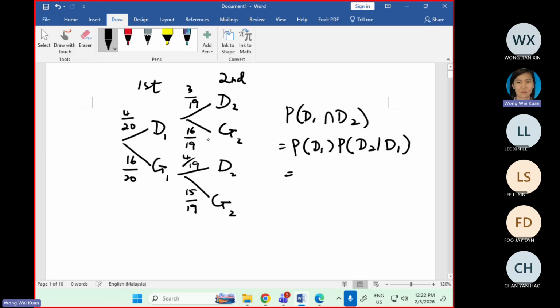Because the first one is 4/20, the second one is 3/19. I don't say your answer is wrong. I just say it's the very formal way. Because if the first one is defective, the second one is 3/19. But if I'm looking for the second one being defective when my first one is good, then this is 4/19. This is not 3/19.